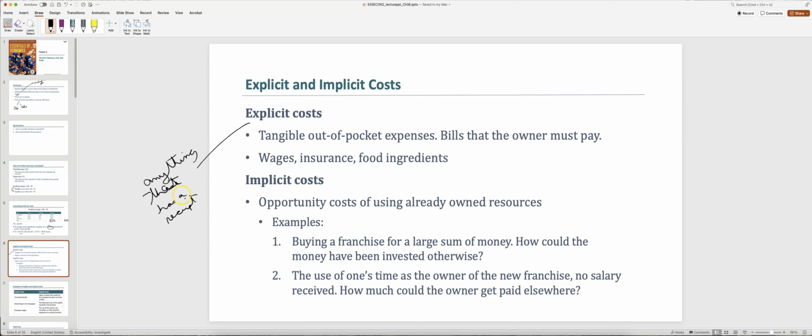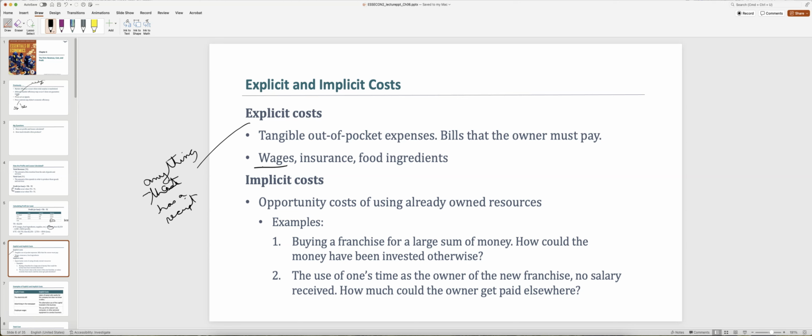Anything that you could figure out would have a receipt. Wages, right? You'd get a paycheck. You'd see the money coming out of your bank account, paying for insurance, paying for food ingredients, bills that must be paid. There are receipts, there are invoices.